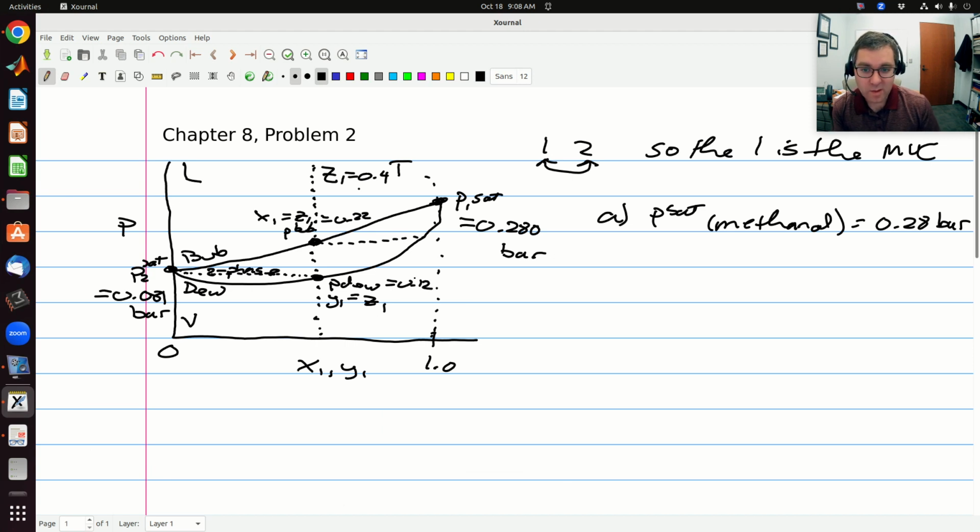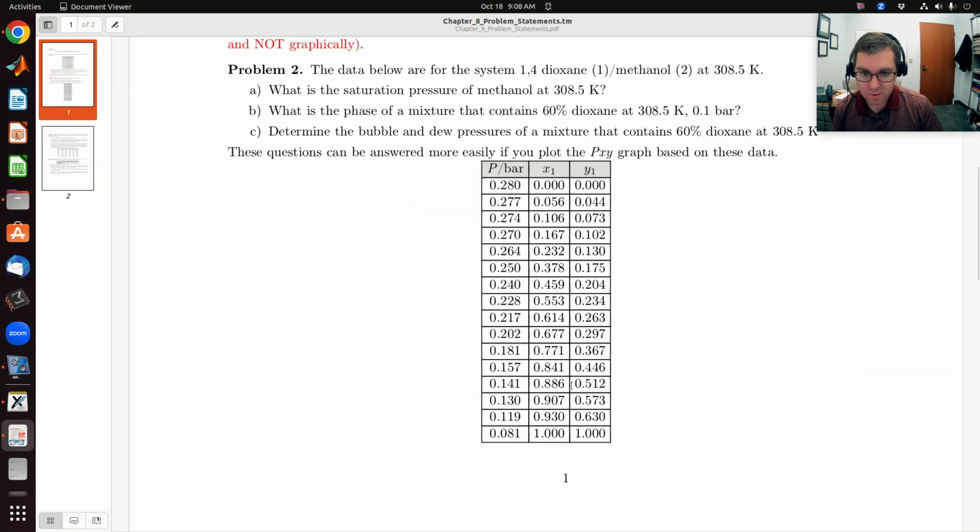And so the key is, without even solving anything, without even actually computing the numbers, and we'll compute it using the MATLAB code, that P dew is going to be somewhere between these 2 points. And both of them are greater than 0.1 bar.